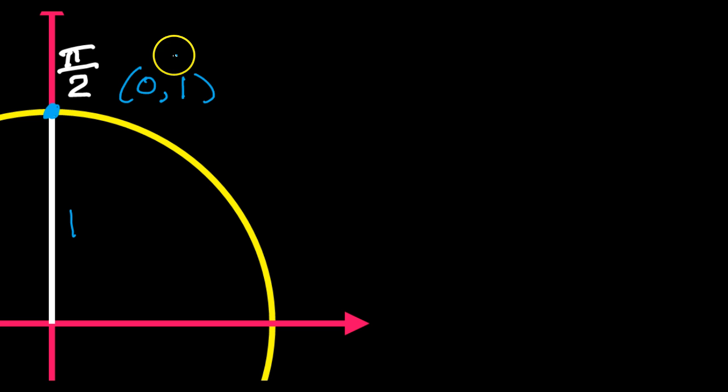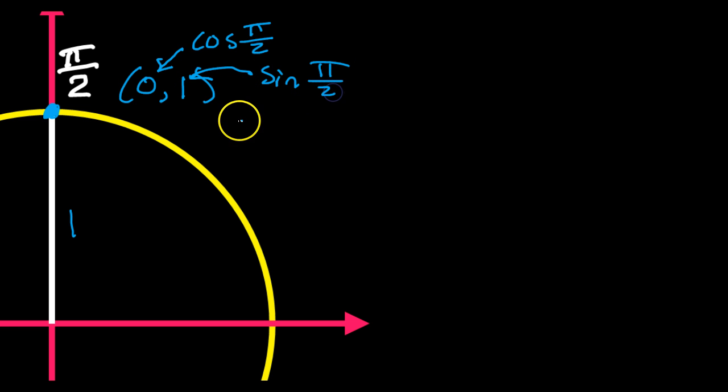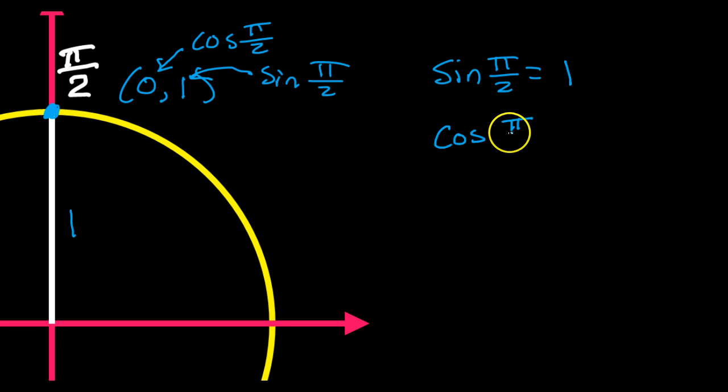So remember that the x-coordinate is going to be the cosine of the angle, and the y-coordinate is going to be the sine of the angle. So that means we've got it. The sine of pi over 2 is 1. The cosine of pi over 2 is 0.